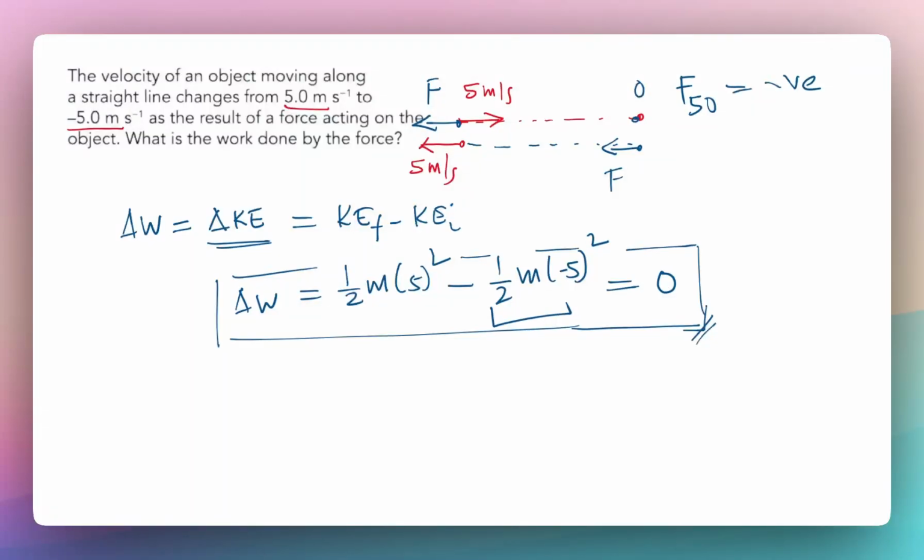But when the object changes direction, now the force is acting in the direction of the velocity, right? So this time the force from 0 to minus 5 is doing positive work, okay? And because the change in kinetic energy in both the cases is same, this positive and negative actually cancels out, giving you the net work done by the force equal to 0, okay?